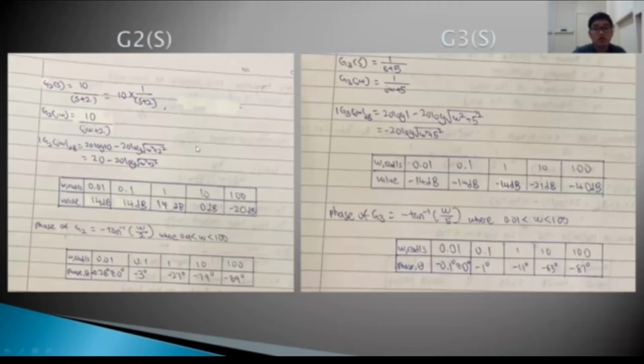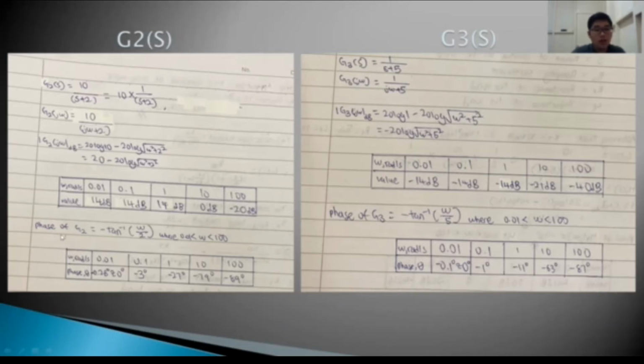Next, we are moving to G2(s), which is equal to 10 over s plus 2, where the magnitude of G2(s) can be calculated using the formula 20 minus 20 log square root of omega squared plus 2 squared, where the table below represents the magnitude in dB of G2(s) within 0.01 and 100 radians per second.